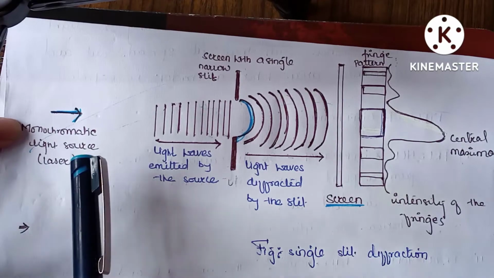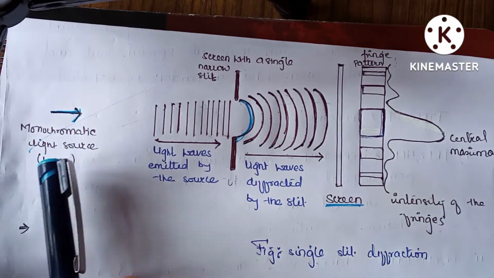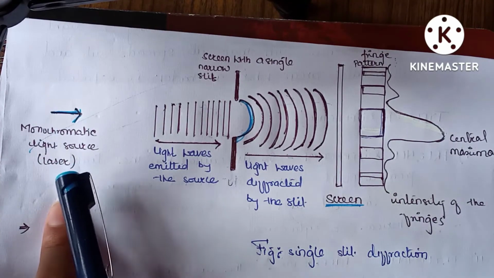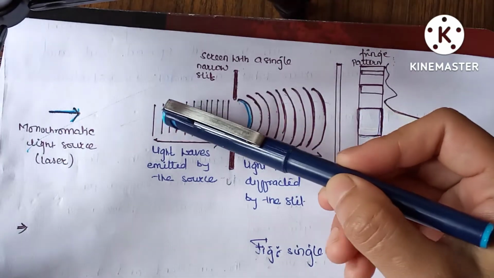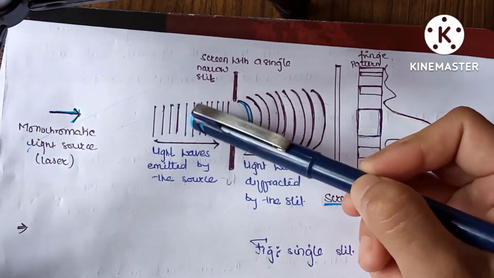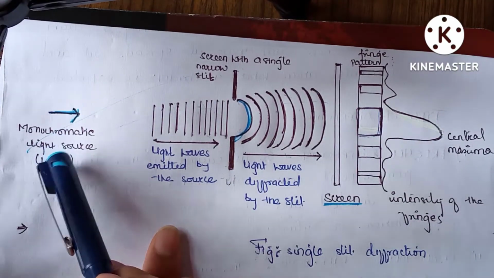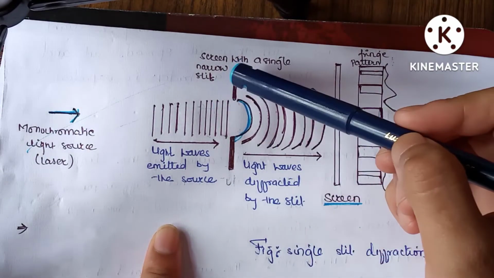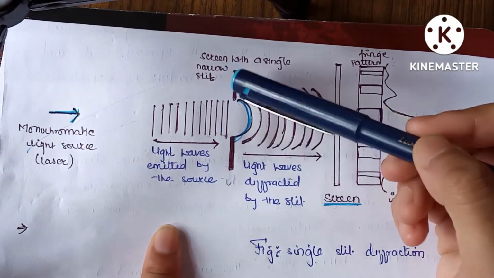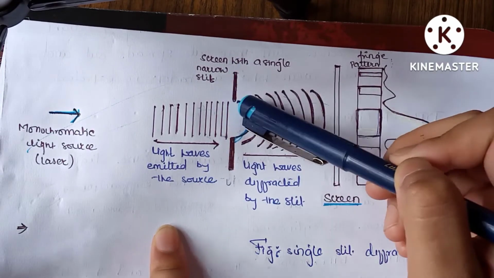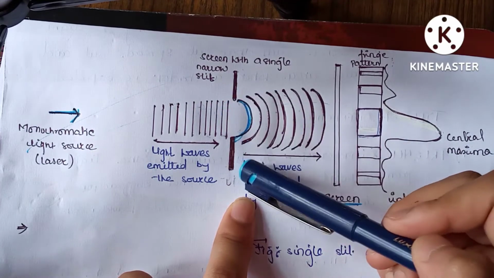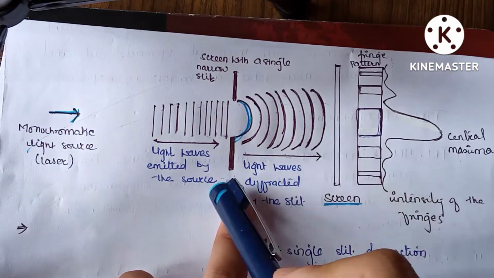Here is the incoming monochromatic light source, which is also known as a laser. The light waves are emitted by the source, and we have placed a single slit and a screen at a distance.